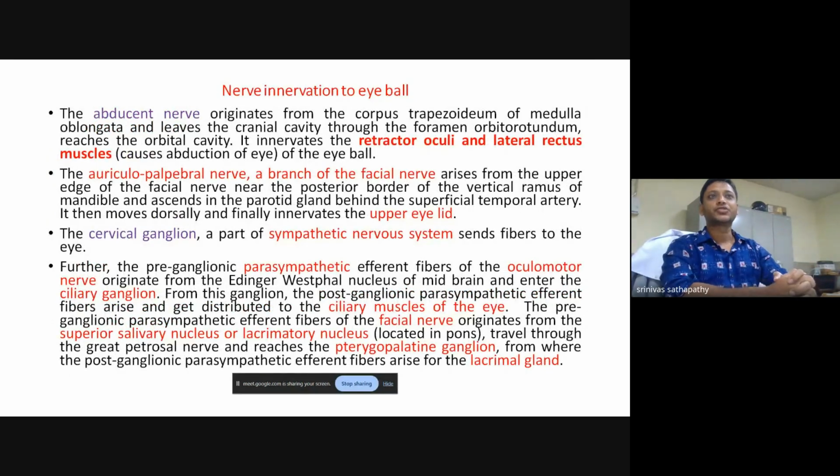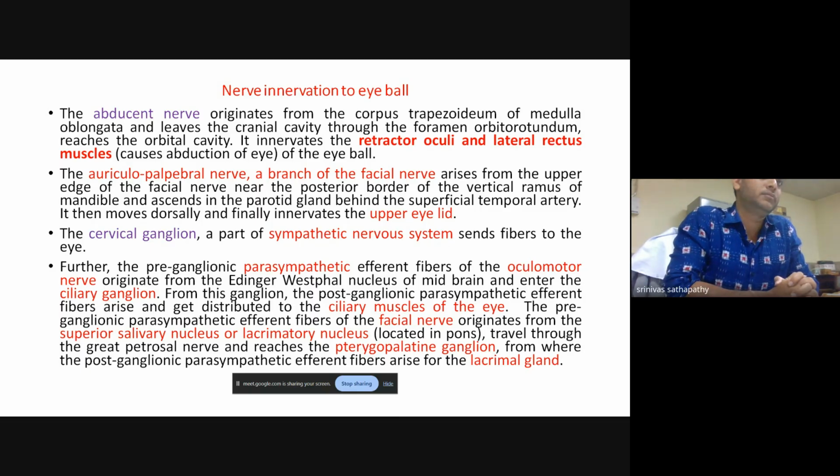Then the abducent nerve innervates the retractor oculi muscle and lateral rectus muscle. This nerve also comes out from the cranial cavity through the foramen orbitorotundum.